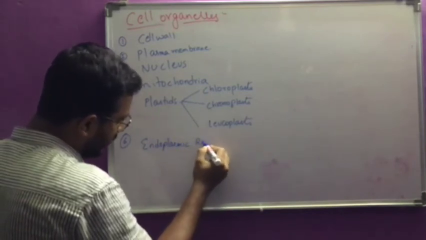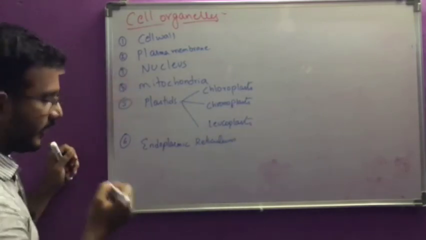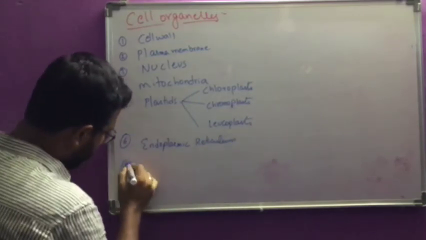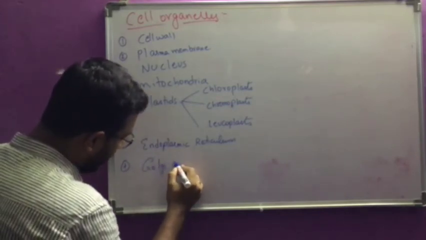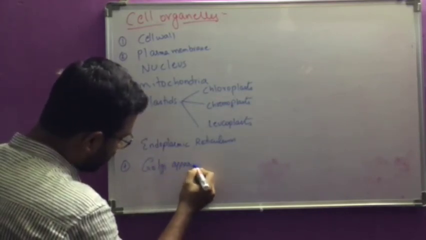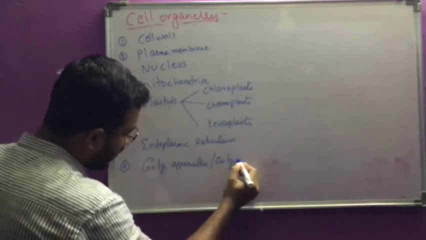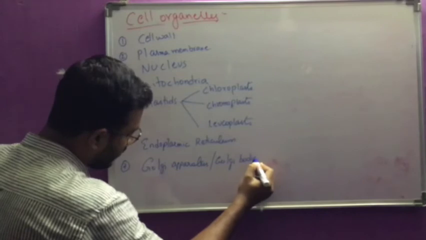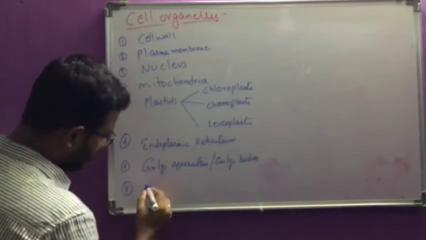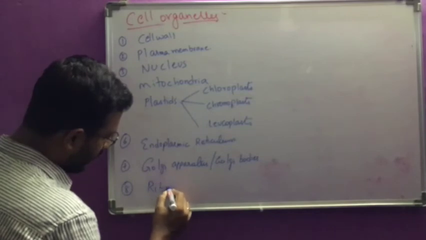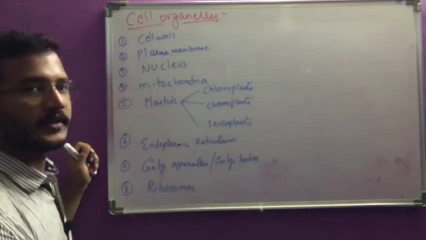Endoplasmic reticulum. And Golgi apparatus or Golgi bodies. Ribosomes. What are ribosomes? How many types are there?